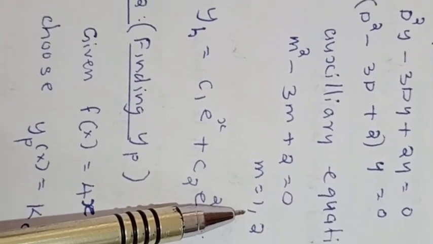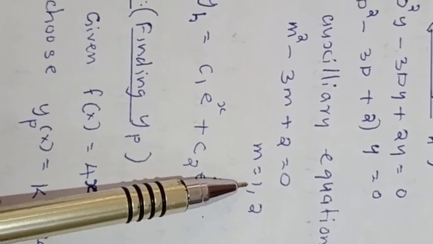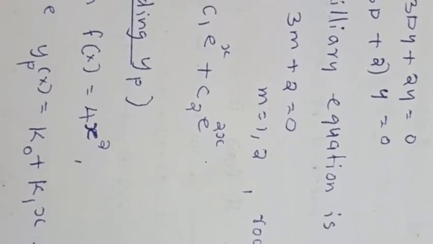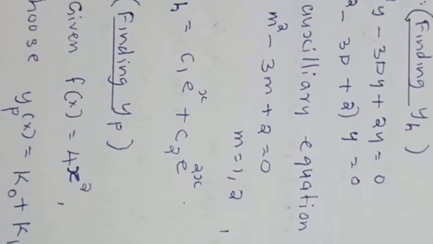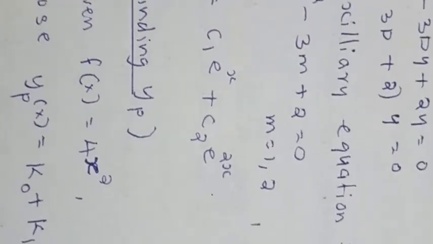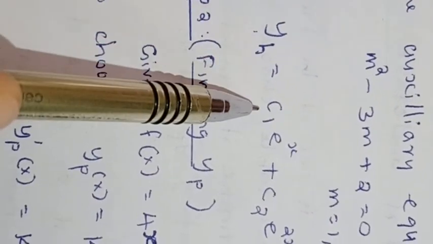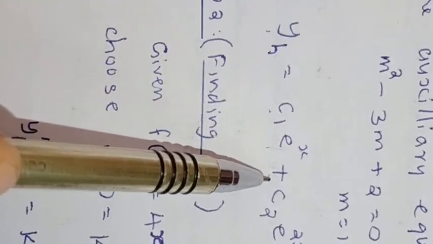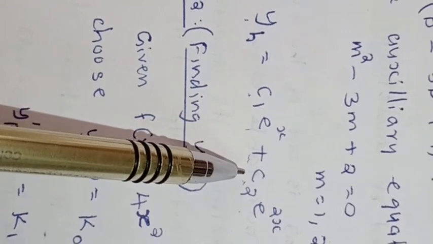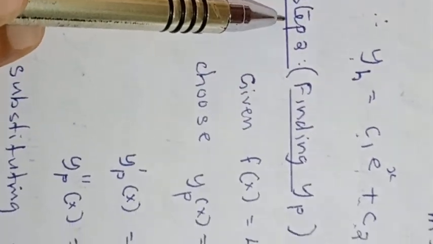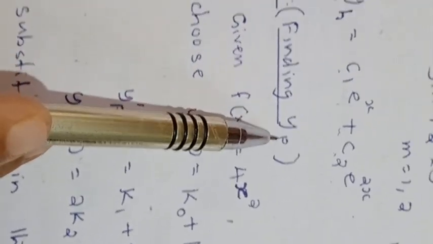These are the roots of the auxiliary equation, and you can see these roots are real and distinct. That means it comes under the first case. So the complementary function, or yh, is equal to c1 e raised to x plus c2 e raised to 2x. This is step 1.